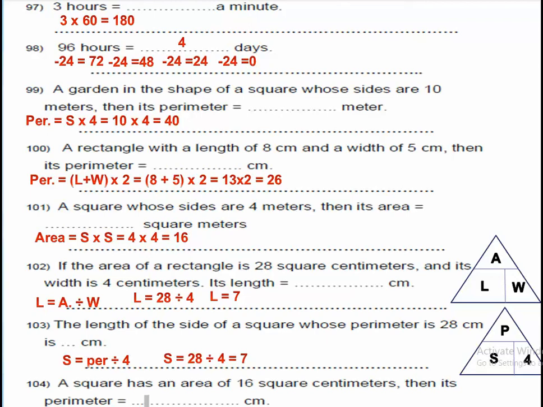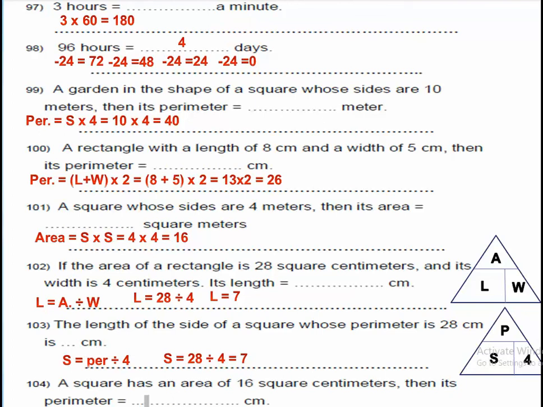A square has an area of 16 square centimeter. Then its perimeter. Okay, first we know that to calculate the side from the area of a square, we look for the number which multiplies by itself to get the area. Like when the area of a square is 25, the number which multiplies by itself to get 25 is 5.